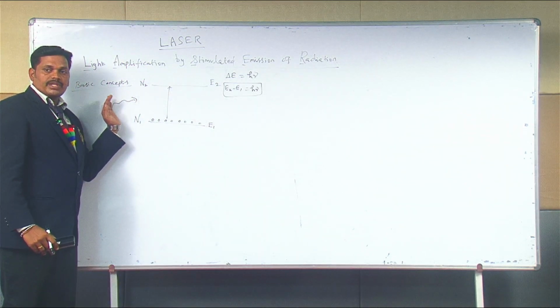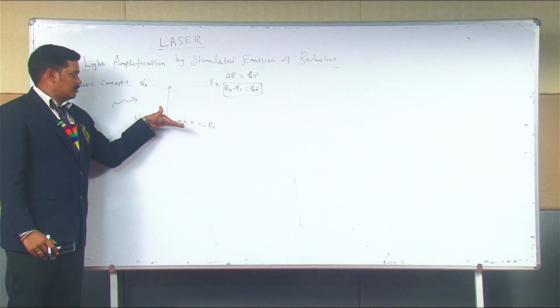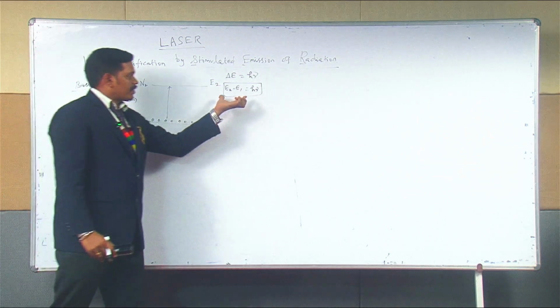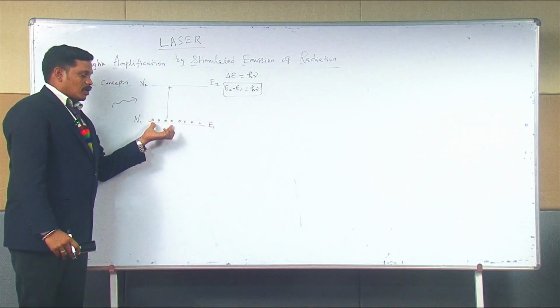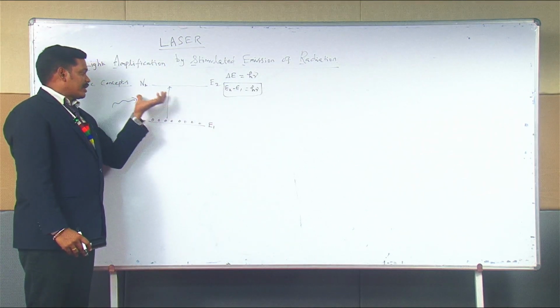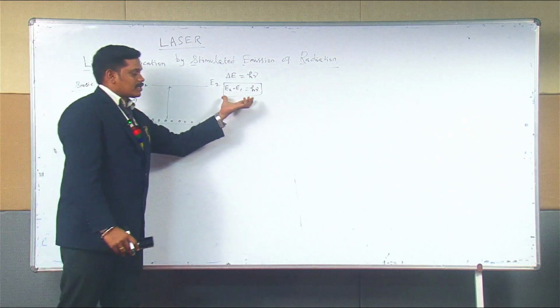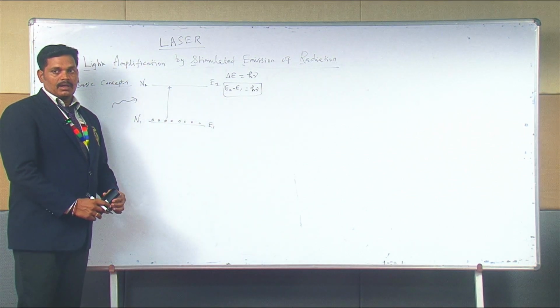When we use the external photon to trigger the atoms in the ground state, it should obey the condition E2 minus E1 equal to h nu. Then only it can absorb. That is, the atoms or molecules present in the ground state can absorb the external photon when they obey this condition. Then only can they go to the excited state.